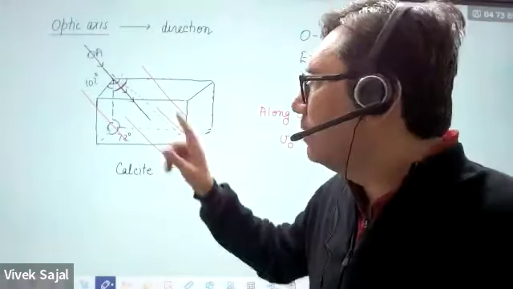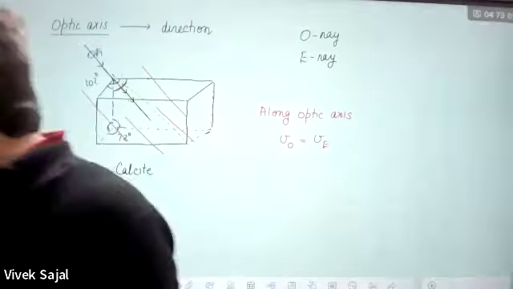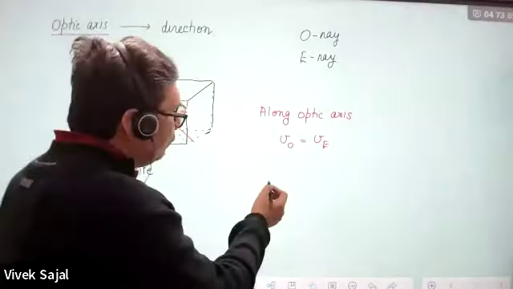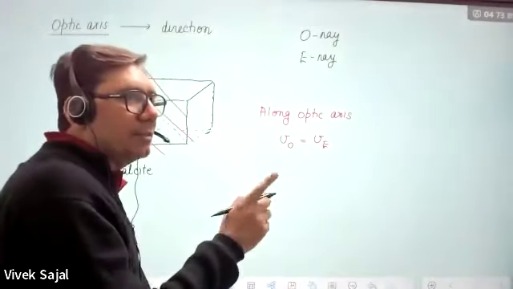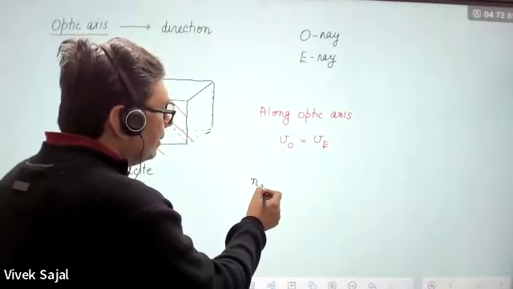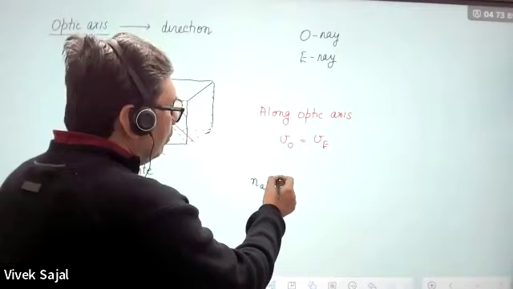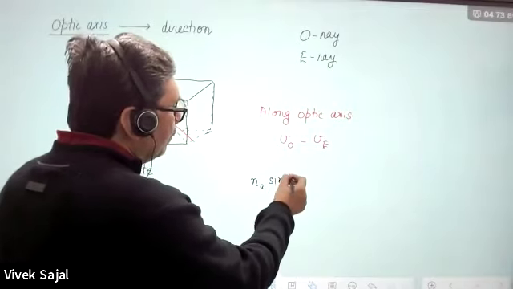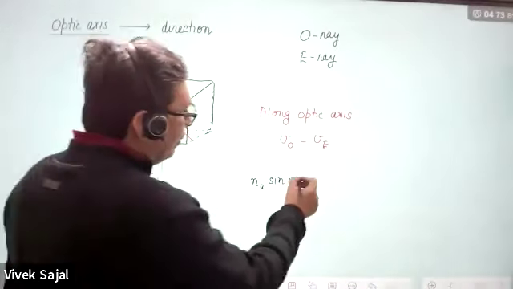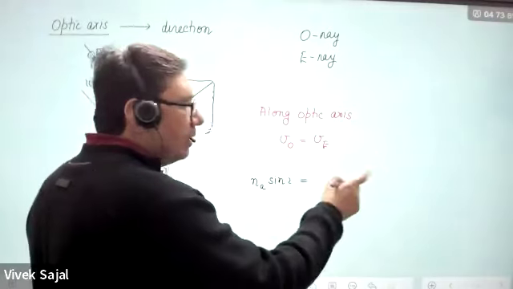However, ordinary light and extraordinary light travel in different directions. If you want to find the angle of refraction for extraordinary light, it will be like this. This is air, with refractive index of air, and this is the angle of incidence from outside when you are launching. Now here you have two refracted lights.